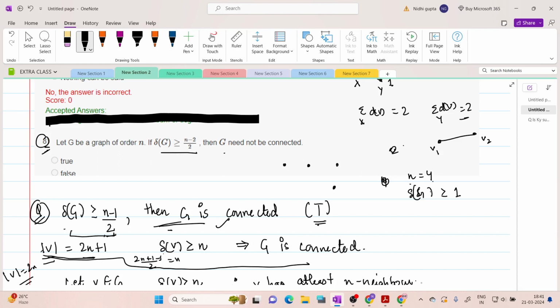Can we say that the graph is connected? So for this n equal to 4, can you construct a counterexample? Can you construct a non-connected graph on 4 vertices whose minimum degree is 1? If we can do this, then this statement is true.